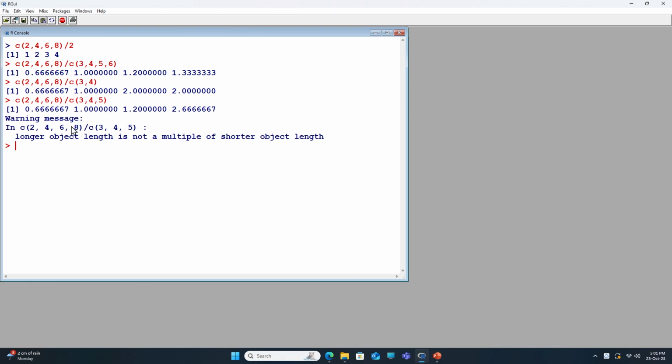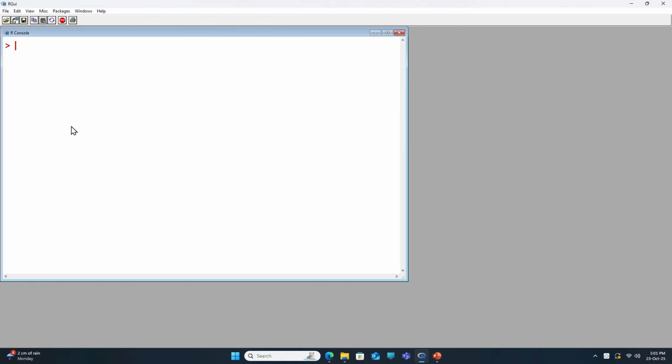So you can see that the operations are quite straightforward. If you do the same operation with the power also, so c(2, 3, 4, 5) with power 2, this will become 2 square, 3 square, 4 square, 5 square. And if you replace the second value with a data vector, this will become 2 square, 3 cube, 4 square and 5 cube.